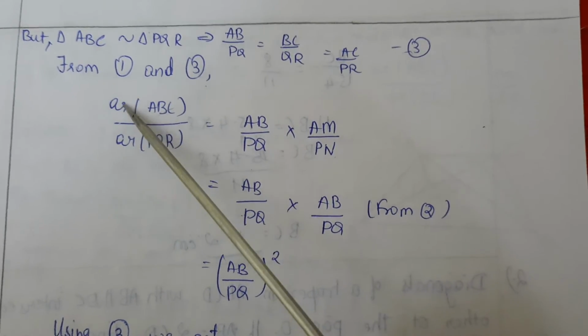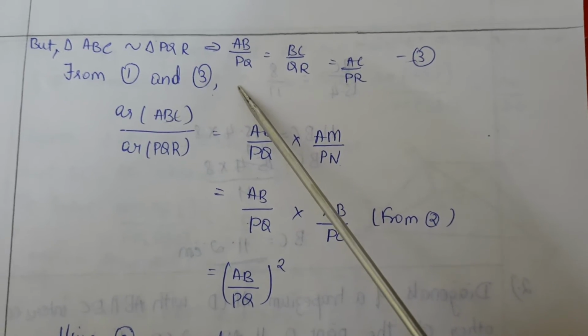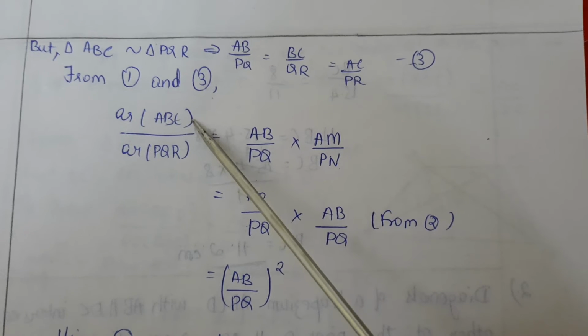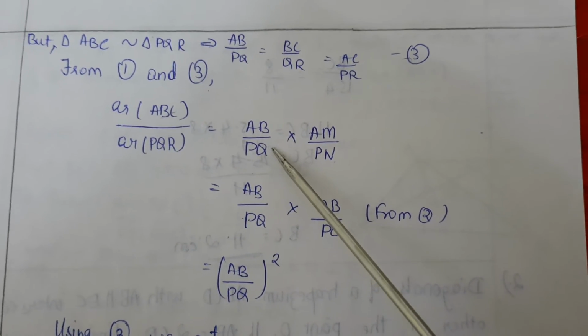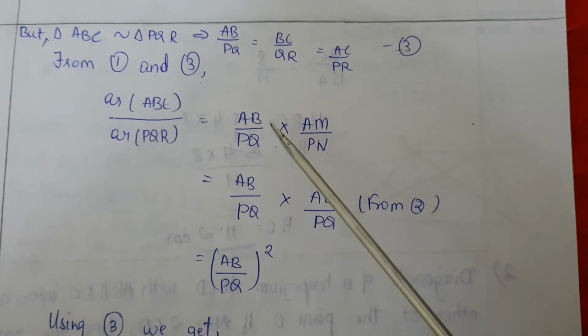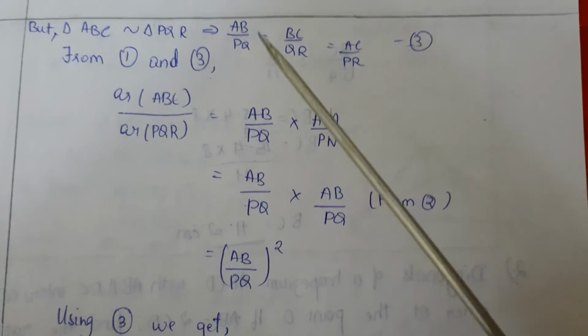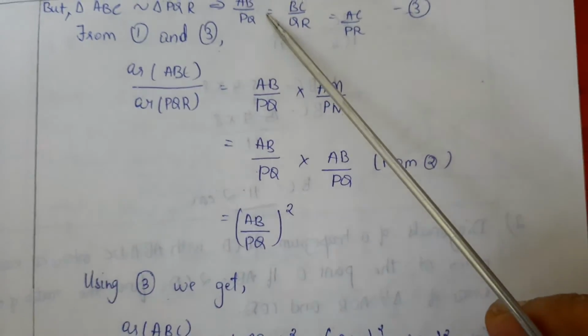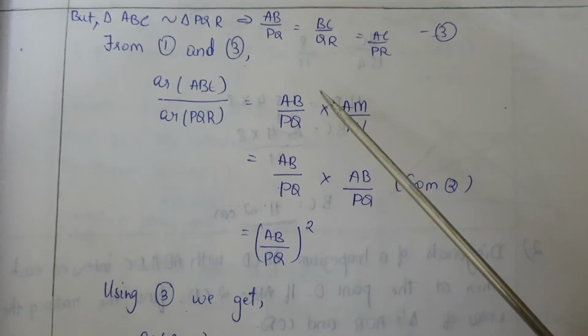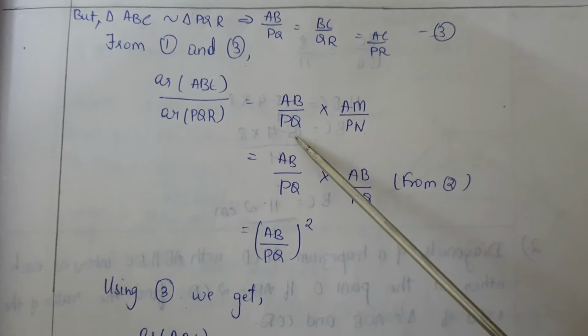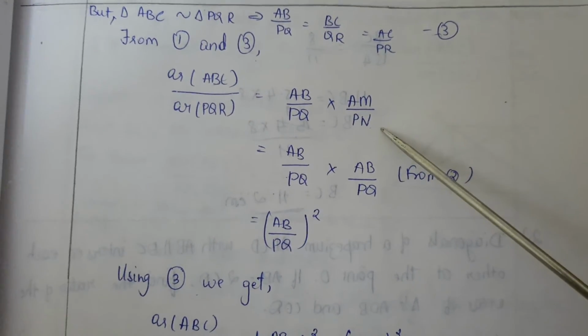Now from 1 and 3, we know that area of ABC by area of PQR is equal to BC by QR. BC by QR can be written as AB by PQ because both are equal. So instead of BC by QR, we can write AB by PQ, which is equal to AM by PN.